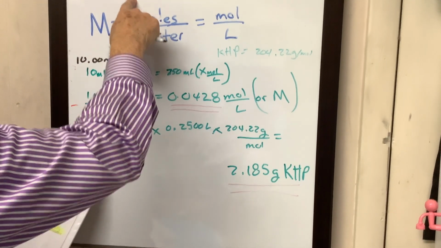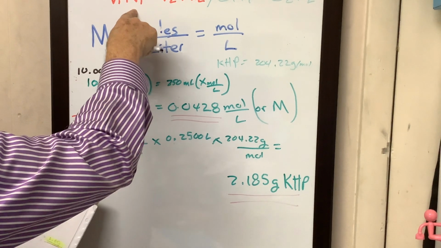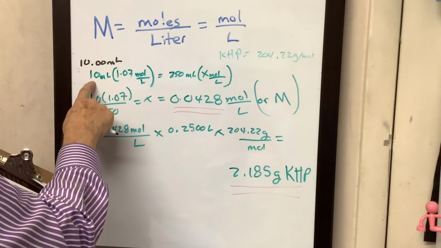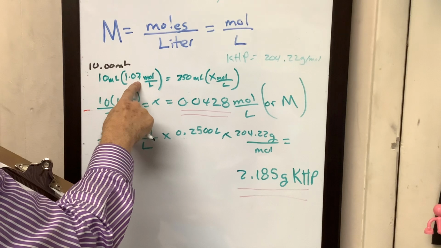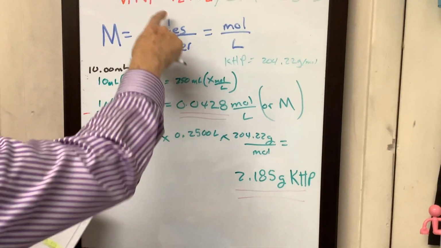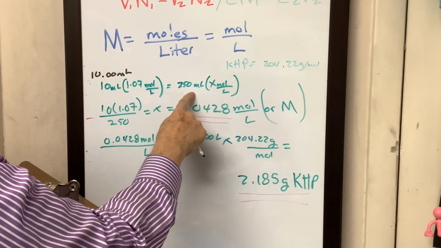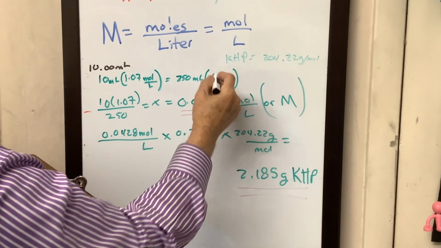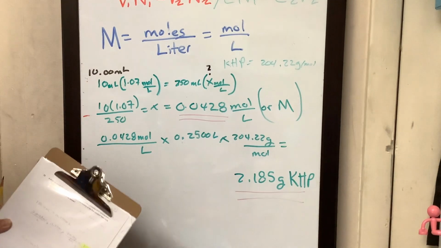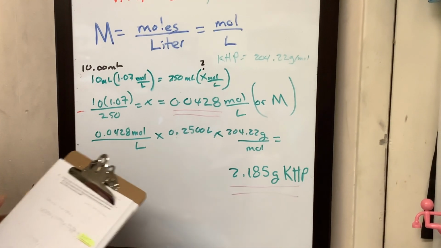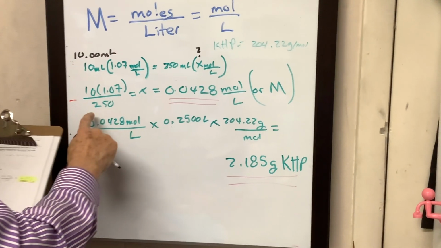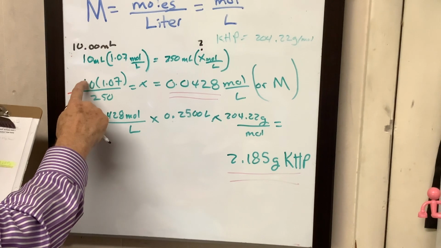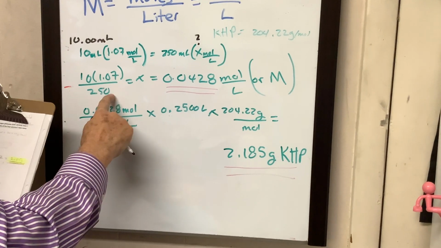Volume of 1 times the concentration, normality, or molarity of 1. So 10 milliliters of 1.07 molar equals 250 milliliters of some new molarity. So we solve for X. We just divide both sides by 250. So I have 10 milliliters over 250 milliliters.